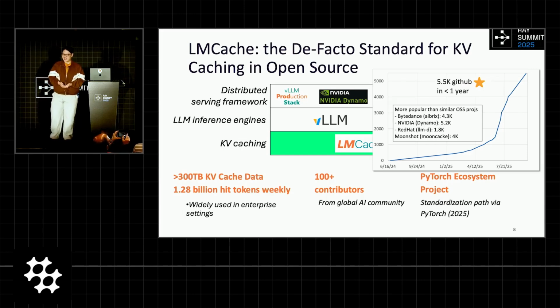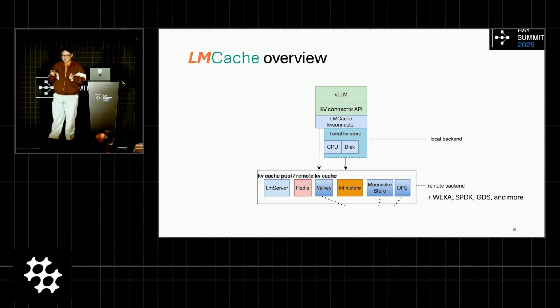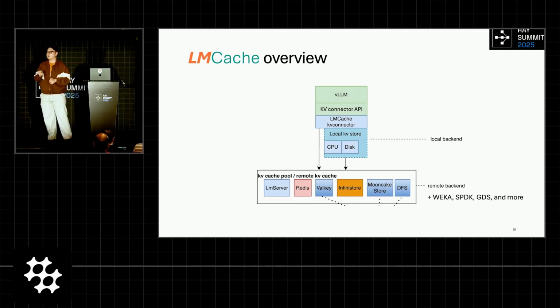Okay, let's do a quick overview. From a system perspective, imagine a system figure here. On the top there is an inference engine, and we open up an API to connect vLLM to LMCache. Behind LMCache, it operates between two different types of media.